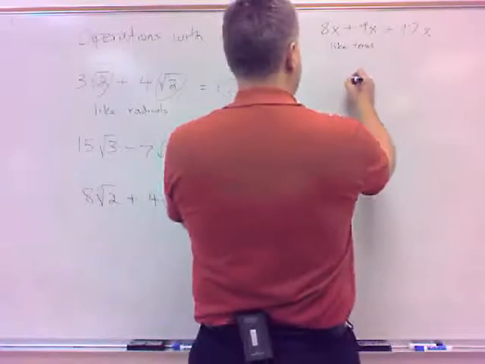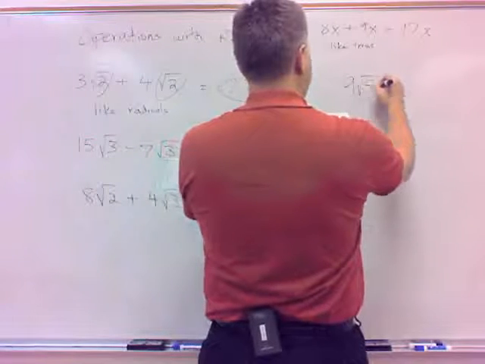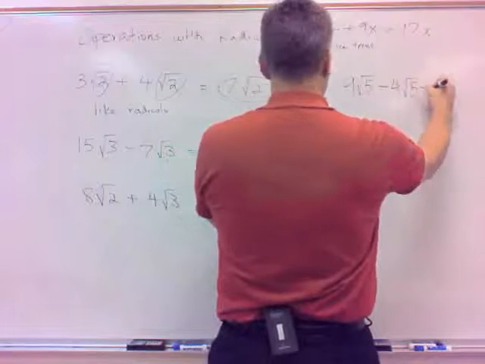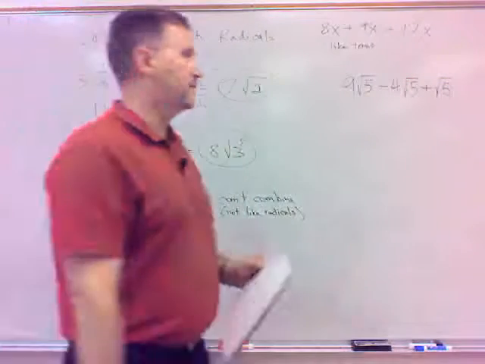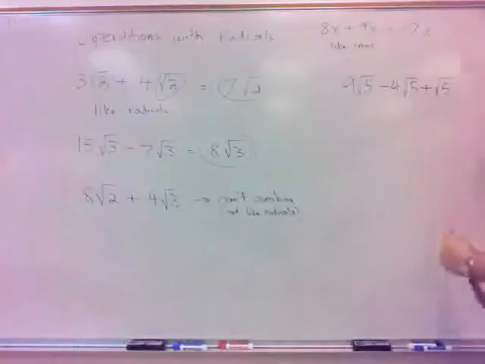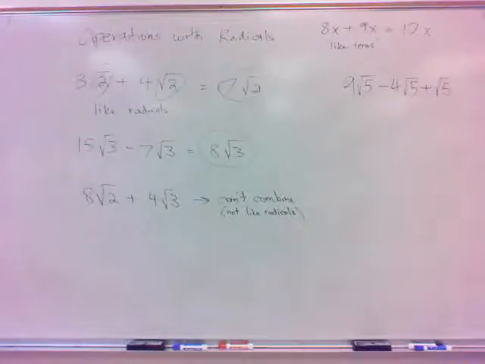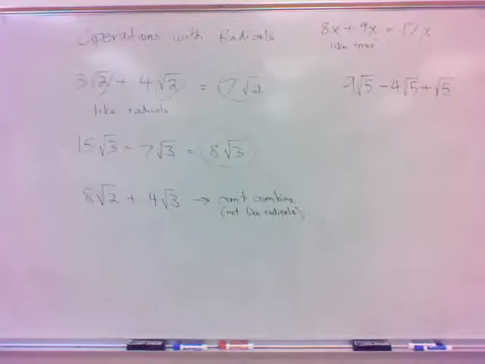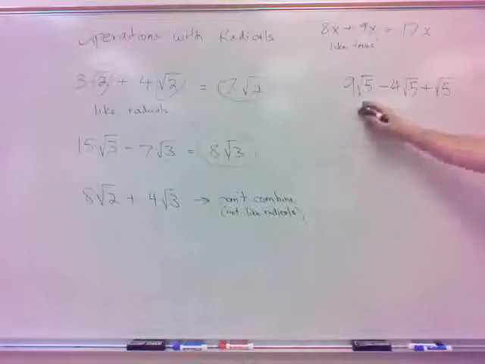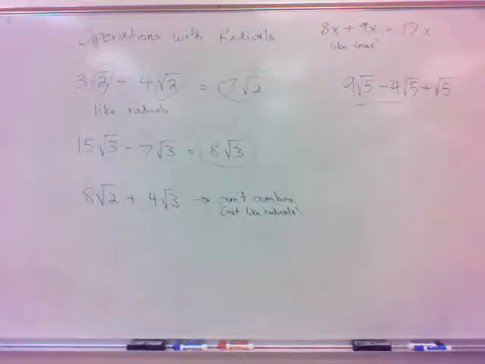Now, what about 9 square root of 5 minus 4 square root of 5 plus the square root of 5? Well, can I combine these? Yep. All these combine because they are all square roots of 5. If you do them two by two, these two, 9 minus 4 gives me 5 square root of 5.